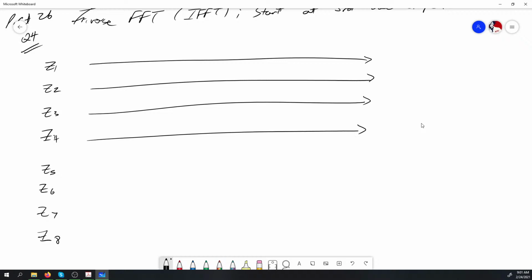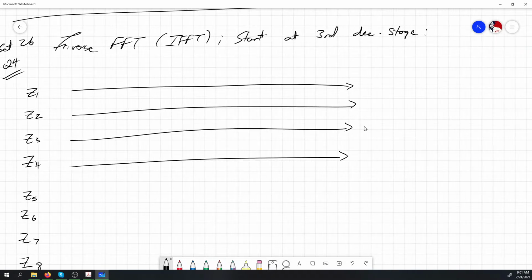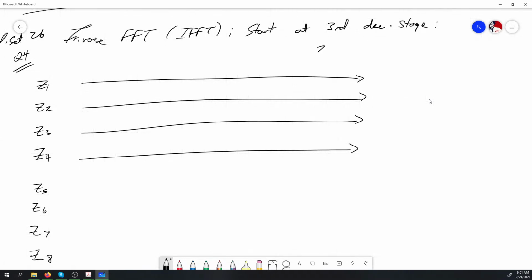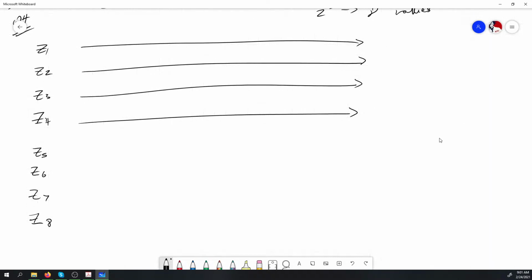So we know this being the third decimation stage, this is 2 to the 3, which is 8 values. So we need to group half of that with the next half. So the first half of this is going to be without any twiddle factors, but then the second half will have twiddle factors. And it being the third decimation stage because it's 2 to the 3, 8 values, meaning that our twiddle factors here will be W of 8. So for this first one here, this is going to be W8 of 0. This one here will be W8 of 1.